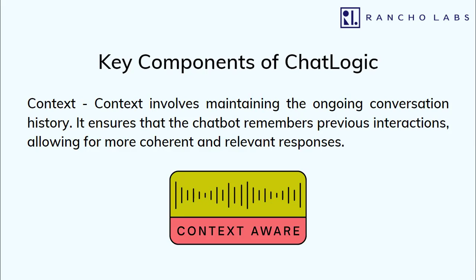If you give another question which links with the first question we asked, it should be able to link the questions and answer us. So that is what context means. It has to store all the previous conversations, and in that conversation it has to link between the questions and answer us in that way. That is what context means.